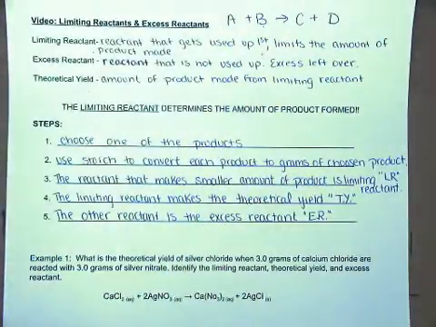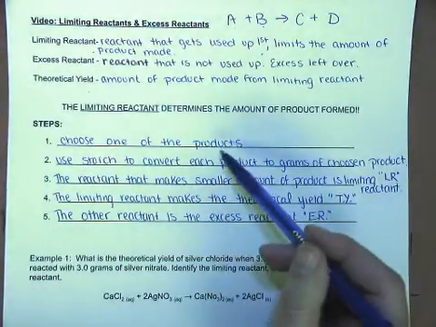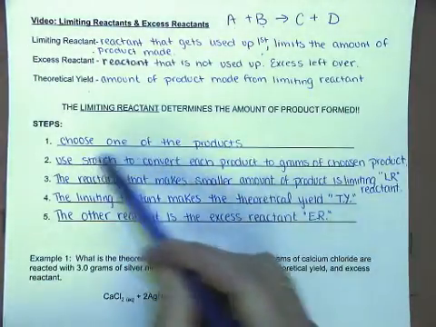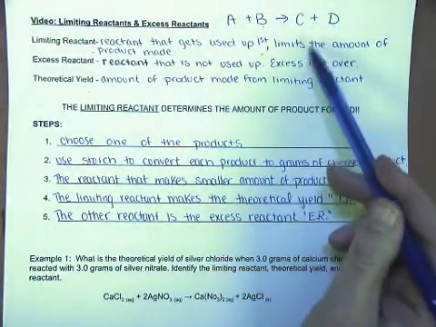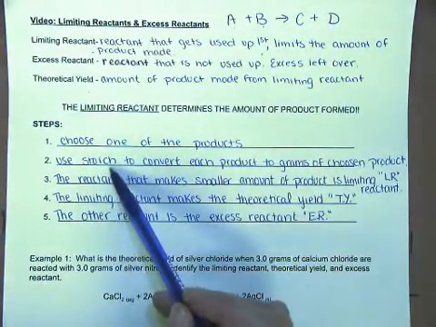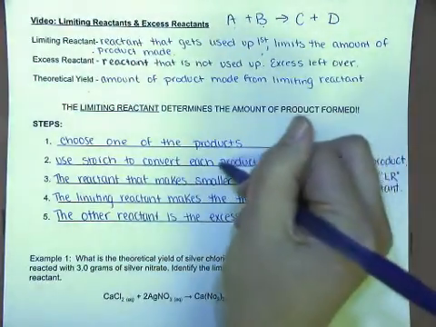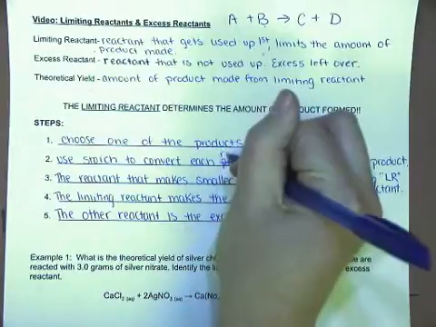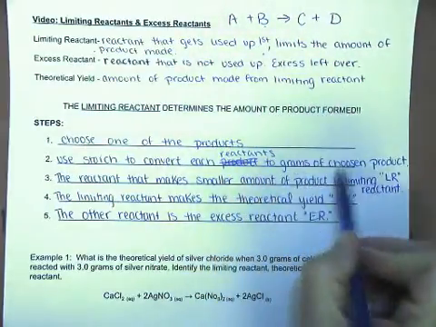When we do this, if we follow a couple steps each time, we're going to get the right answer. So if we follow these steps, we choose one of the products, it doesn't matter which one, and we use stoichiometry to convert each of our reactants to grams of the chosen product.